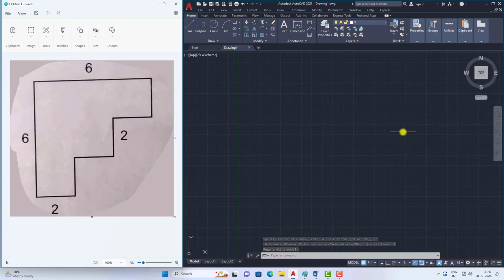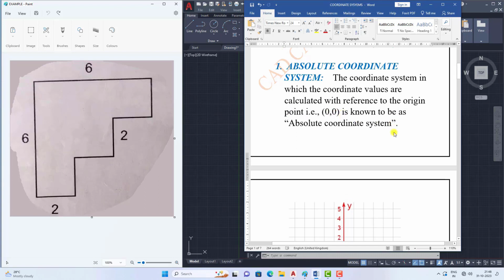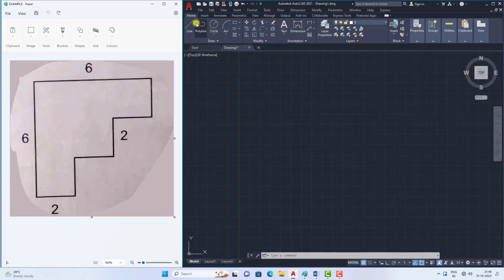Now, the syntax you need to follow while drawing components using the absolute system: the first rule is that you need to take the reference point as the origin, and the second rule is that you need to use x and y values only to complete the drawing. I am taking the line command.